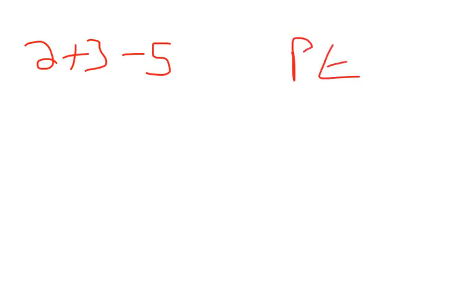Let's do this: 2 plus 3 minus 5. In this case, we use PEMDAS, which is the order of operations. Since there are no parentheses, no exponents, no multiplication or division, we're into the last two, which are addition and subtraction, left to right.